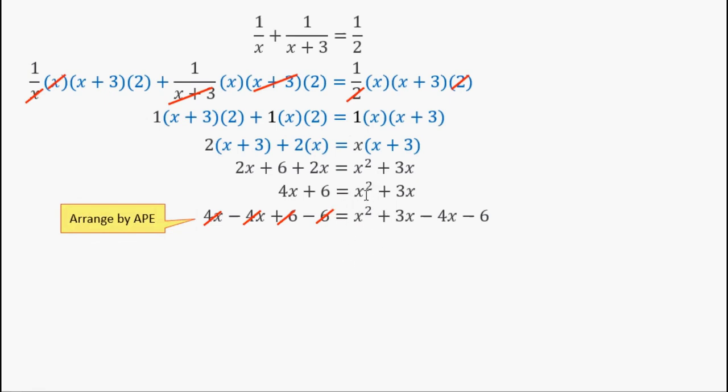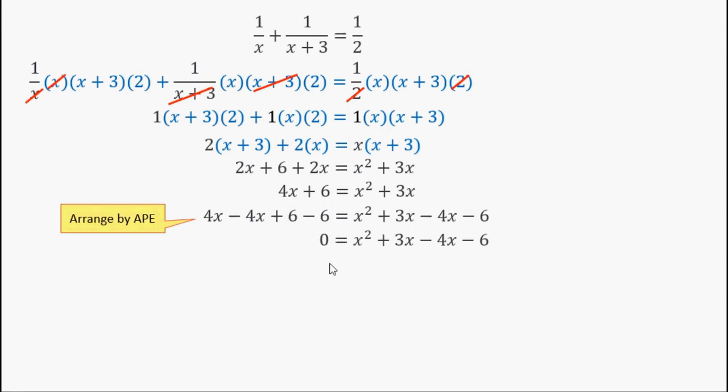Ang importante dito, class, is mailipat mo lahat ng terms on one side of the equation at APE ang sagot dyan. So, adding negative 4x and negative 6 on the left side of the equation and on the right side, we have, ayan, na-cancel yung mga values na ito sa left side, kaya naging 0.